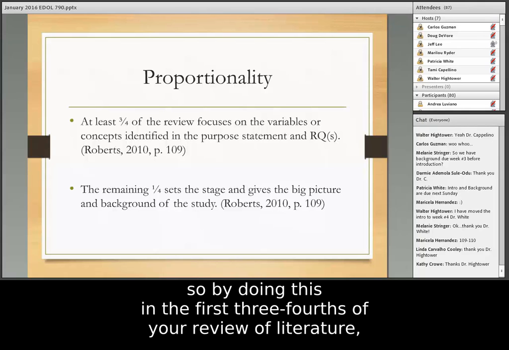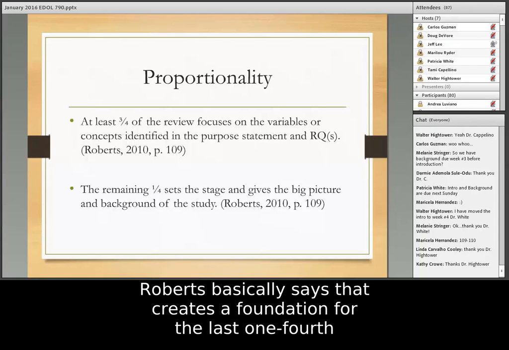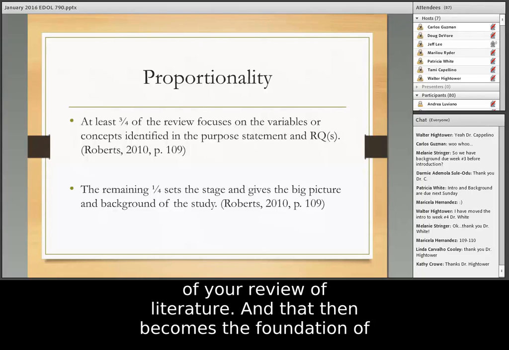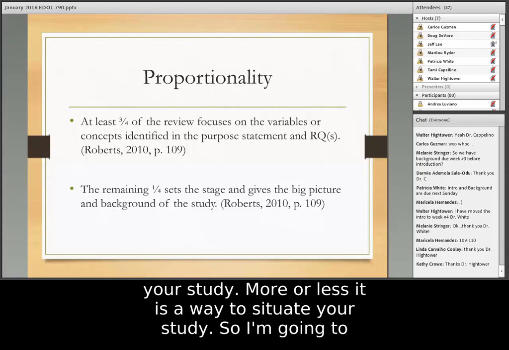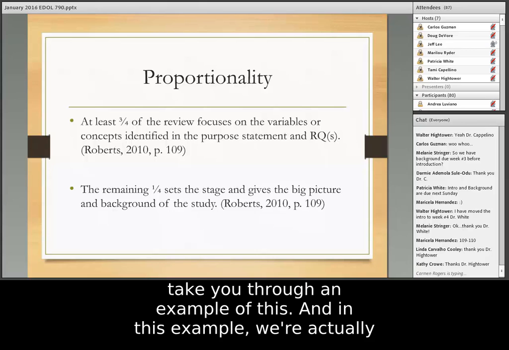And by doing this in the first 3/4 of your review of literature, Roberts basically says that creates a foundation for the last 1/4 of your review of literature, and that then becomes the foundation of your study. More or less, it is a way to situate your study. Okay, so I'm going to take you through an example of this.